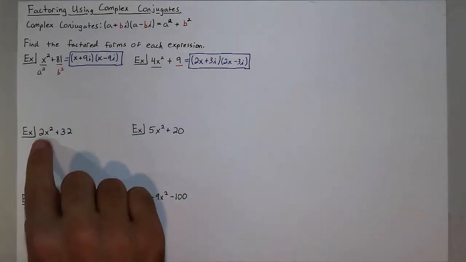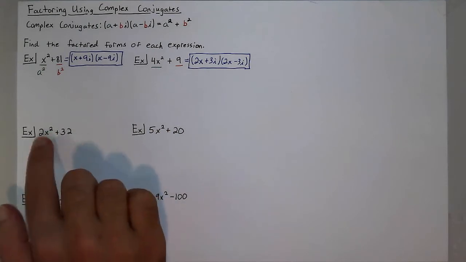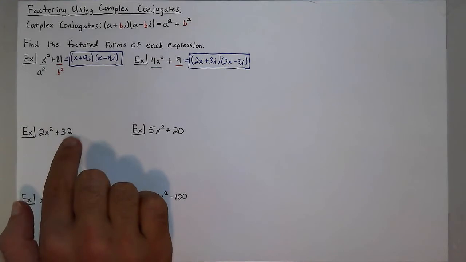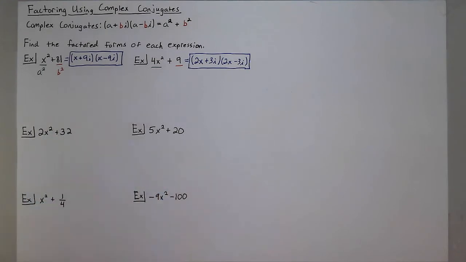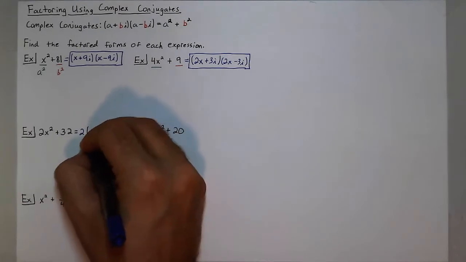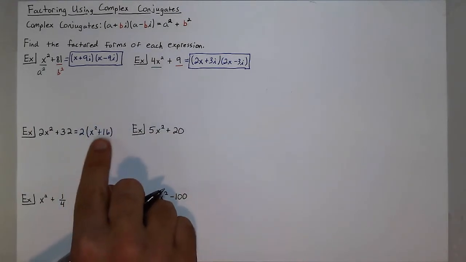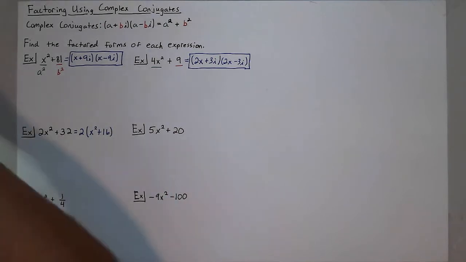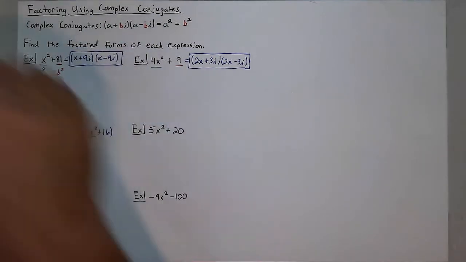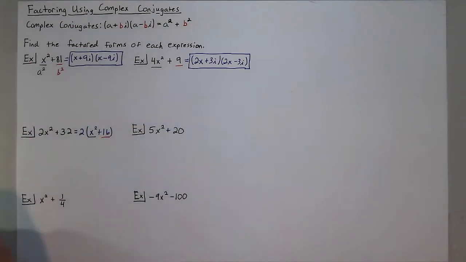So look at this next one. 2 and 32 are not perfect squares, but I see that both those numbers have a factor of 2 in common. So before I start, I can factor out the 2, giving me x squared plus 16, and now I can see those perfect squares, where a squared is just x squared, and b squared is just 16.